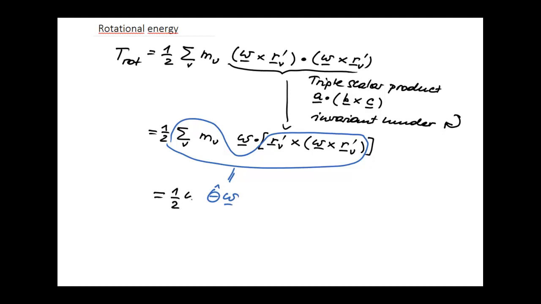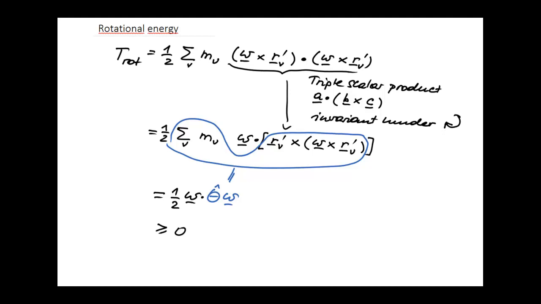And the remaining factor is simply a 1/2 omega scalar product with theta omega. We just learned that the moment of inertia is positive semi-definite. So immediately this implies that the scalar product omega with theta omega is never negative, it's always greater or equal to 0. So as we would expect, the rotational energy of a rigid body is always larger or equal to 0.